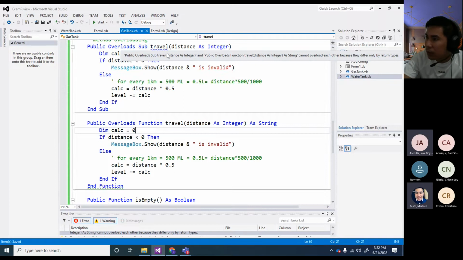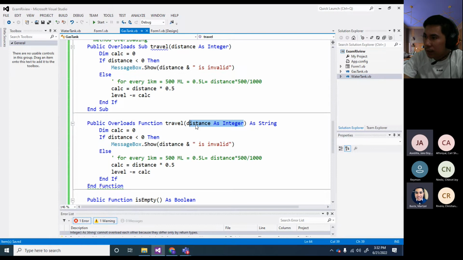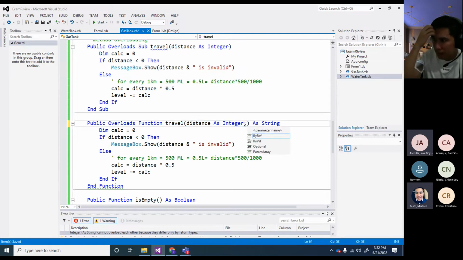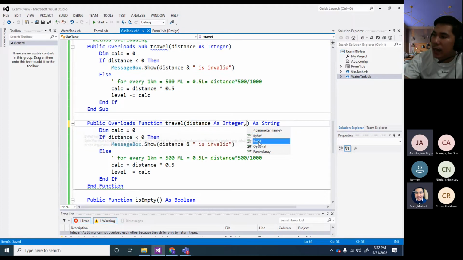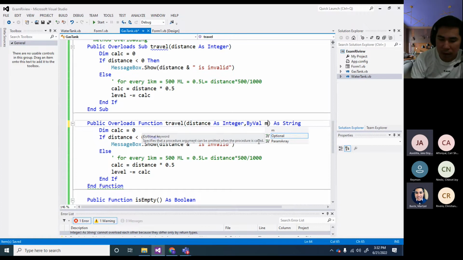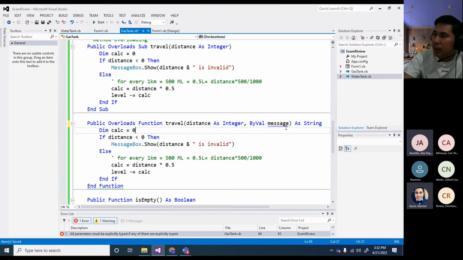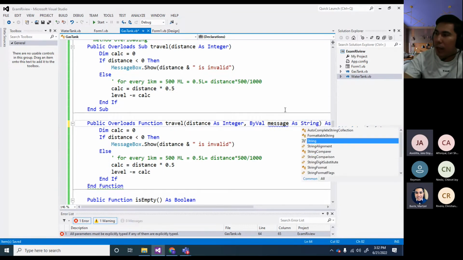Only but return types. So let's say I put here distance, and anything this one requires, whatever you want, let's say message as string.